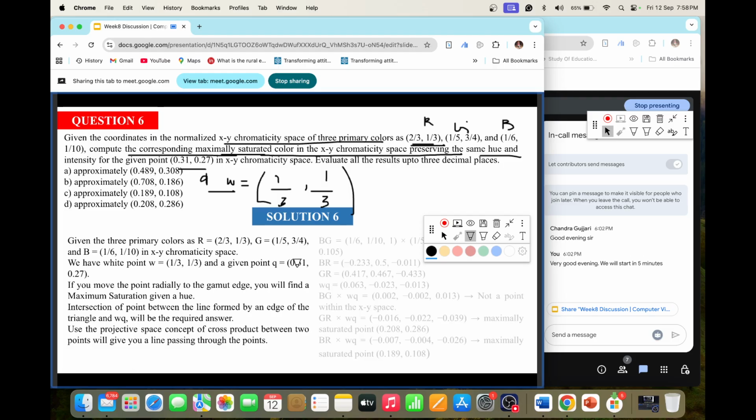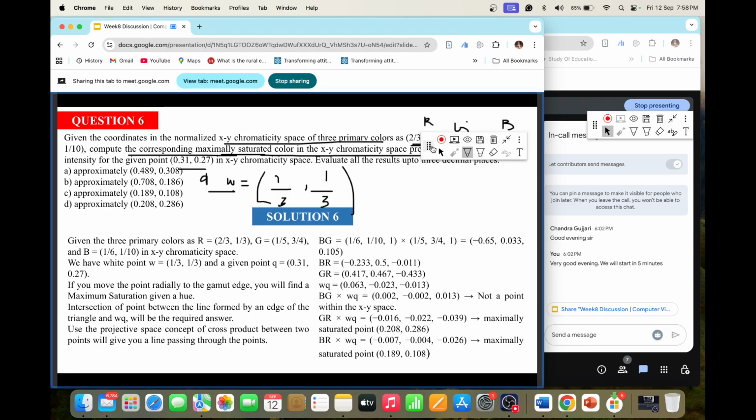So we form BG, BR and GR first, and then we compute BG cross WQ, GR cross WQ, and BR cross WQ.